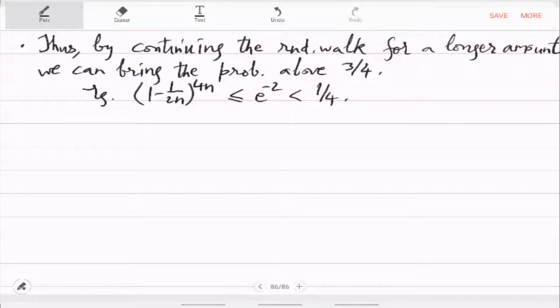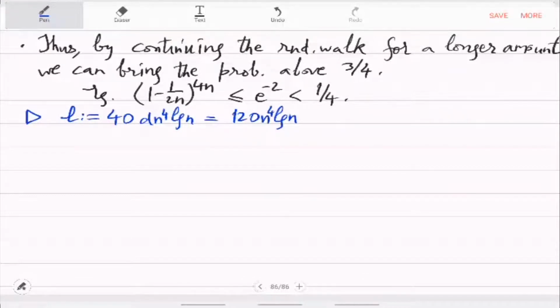So what you have deduced is L equal to 4n times the previous L. So that means 120 n to the 4 log n makes the error smaller than 1/4.